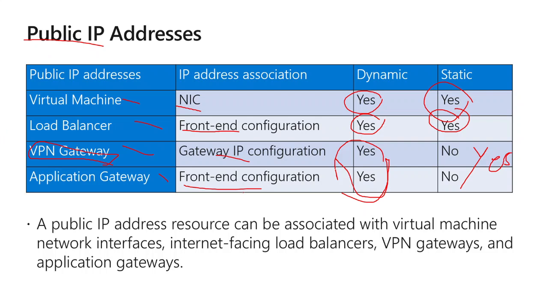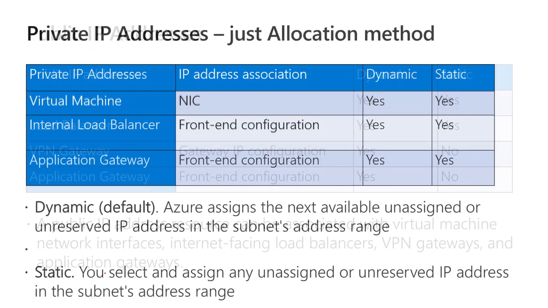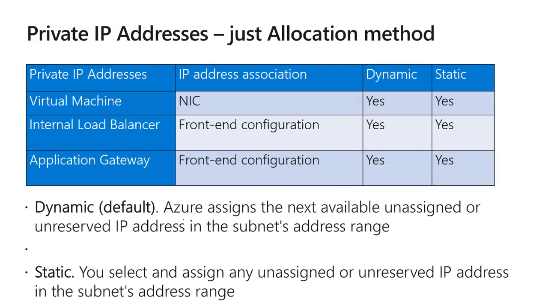Usually public IPs are used with VPN gateways and internet facing devices like an internet facing load balancer, or sometimes on a virtual machine, and sometimes on an application gateway. And private IPs are used where we want to communicate internally within our virtual network, or an extended network with on-premises. That time we use only private IPs.